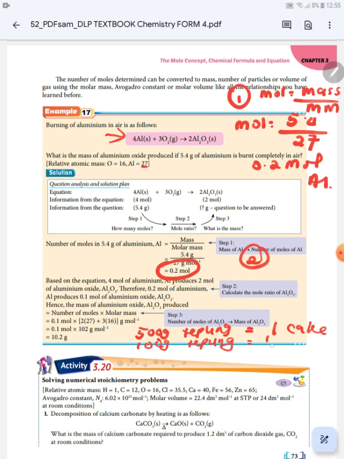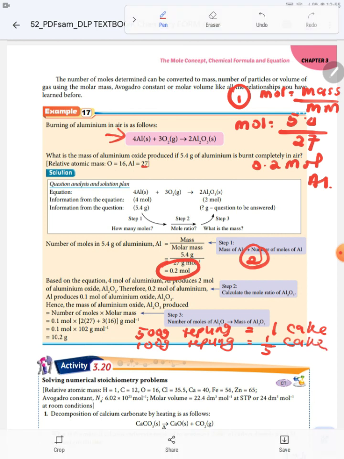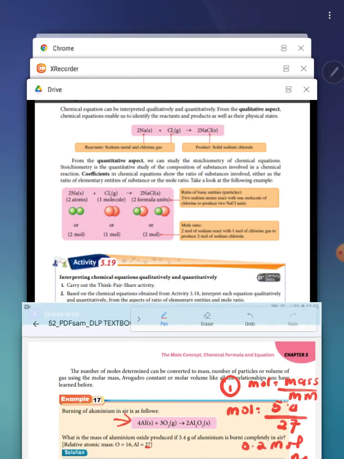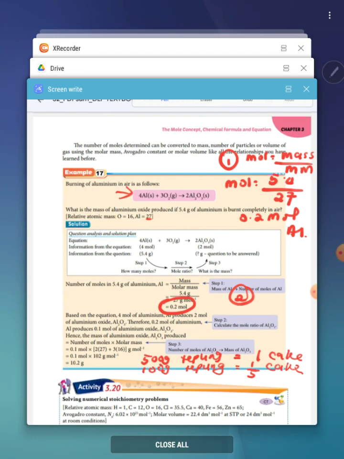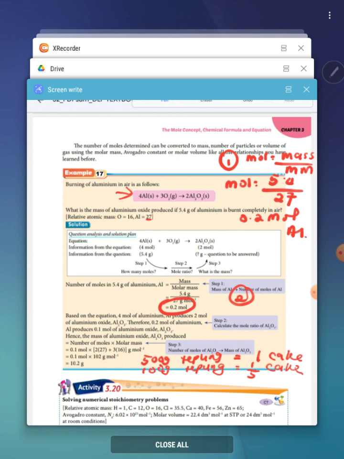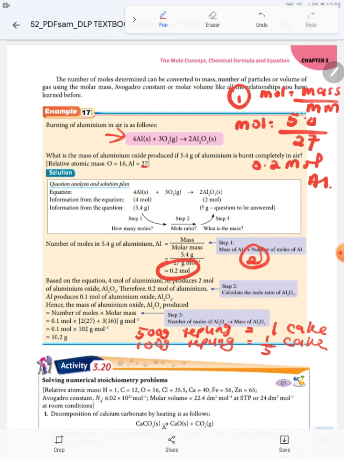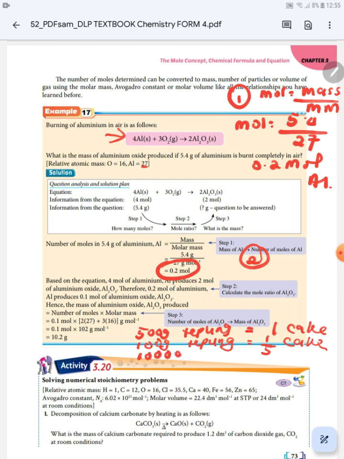It's only 1/5 cake. How about kalau kita ada 1 kilogram tepung or 1000 gram of flour? Kita akan dapat 2 cakes.